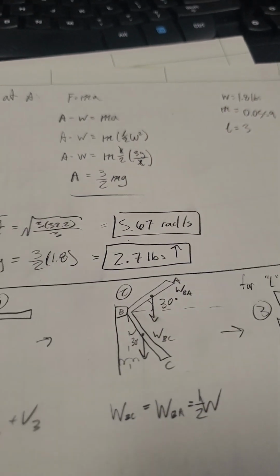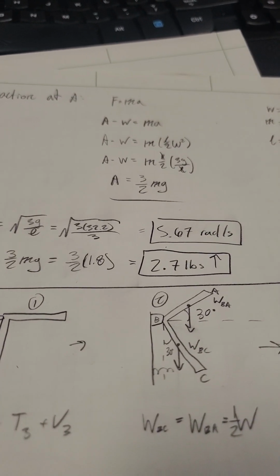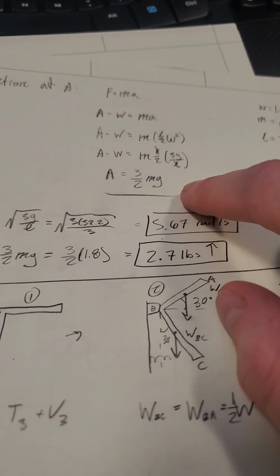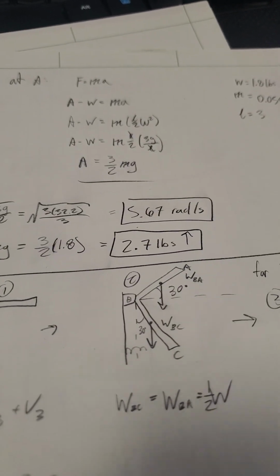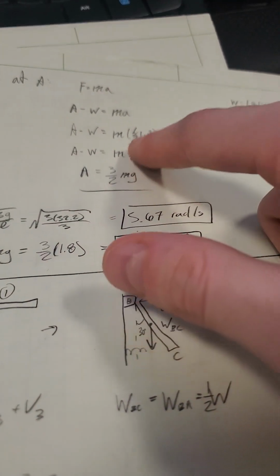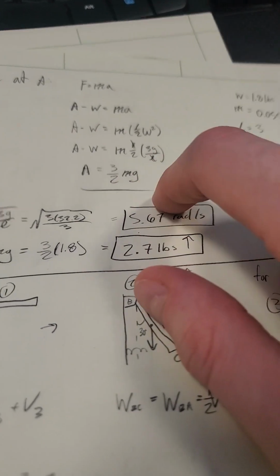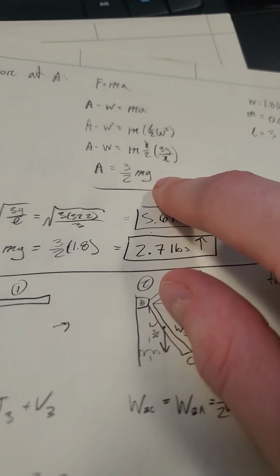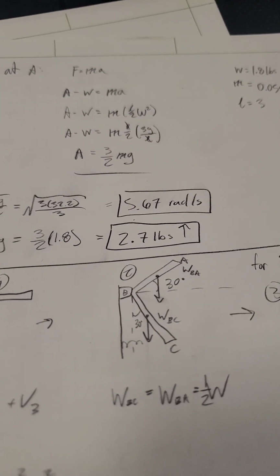And we know the acceleration is r omega squared. So we can go ahead and switch that over to L over 2 omega squared, because we're using the radius at the halfway point. And that's going to give us this. So the reaction is 3 over 2 times the weight.